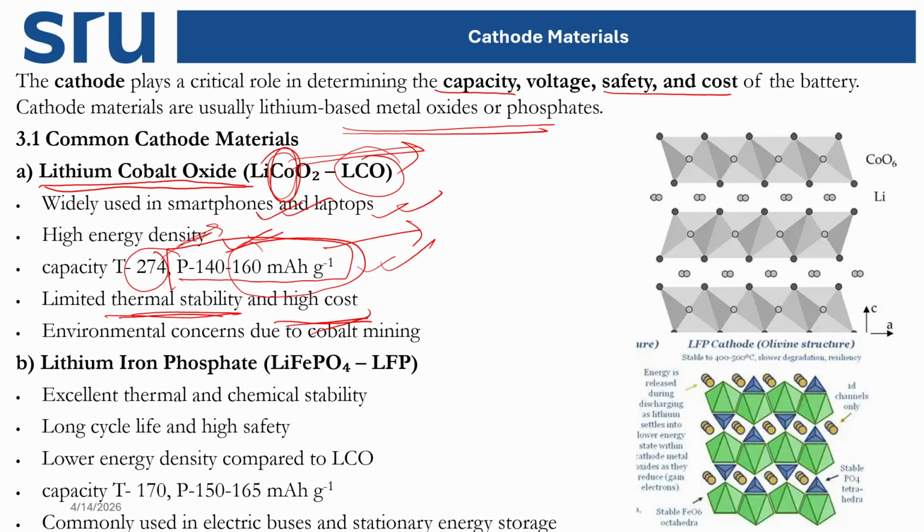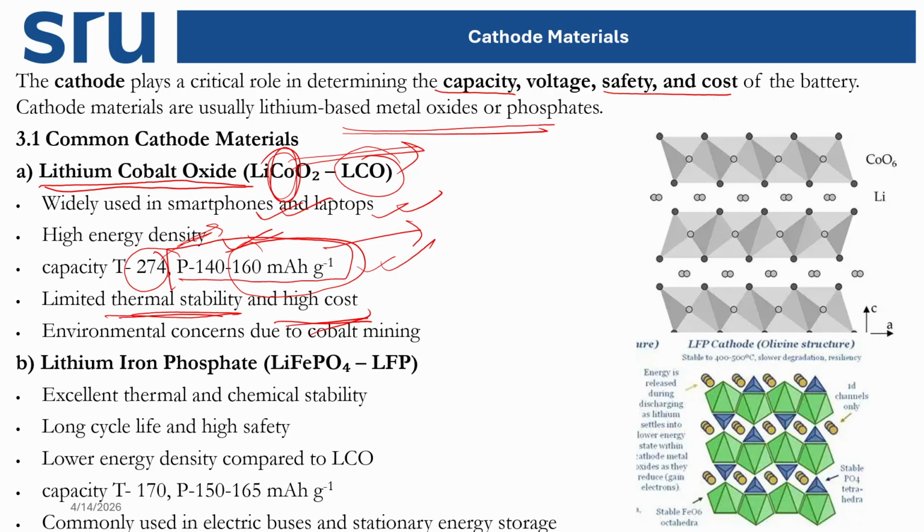The abundance of cobalt in the earth's crust is very low, and globally the existence of cobalt in the form of mineral is not evenly distributed all over the world. So some specific countries or regions have the source of cobalt. That is the problem with lithium cobalt oxide.